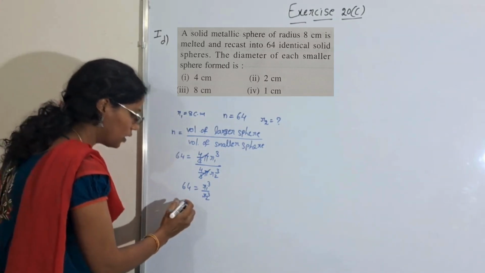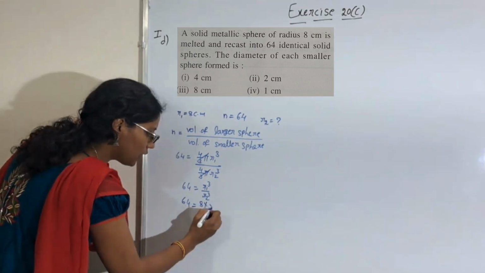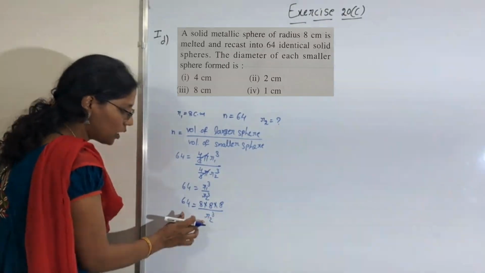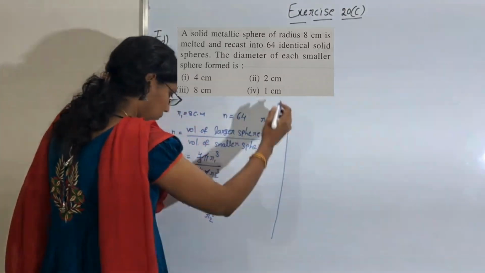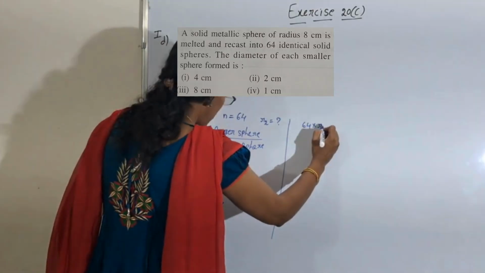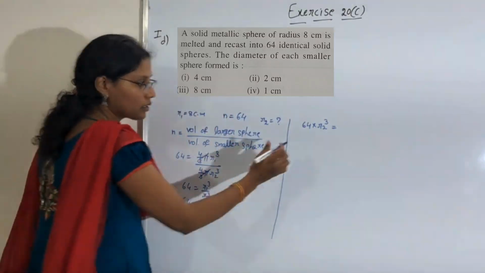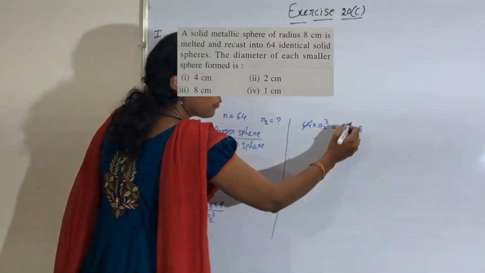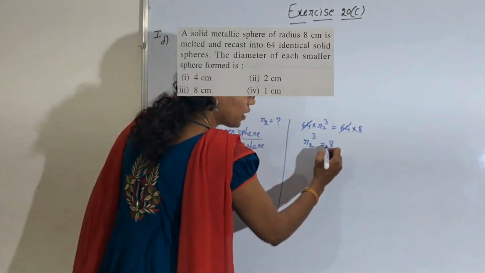Substitute in this equation: 64 equal to 8 into 8 into 8 by R2 cube. Here R2 cube we have to shift to the left side. 64 into R2 cube equals 8 8 64 into 1 more 8. Here 64 cancel. Remaining R2 cube equal to 8.